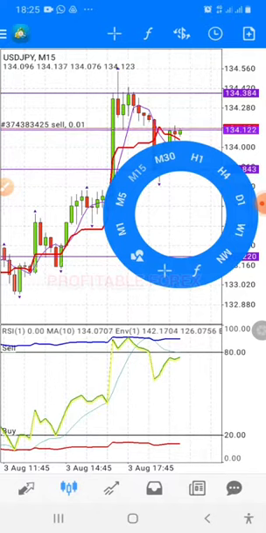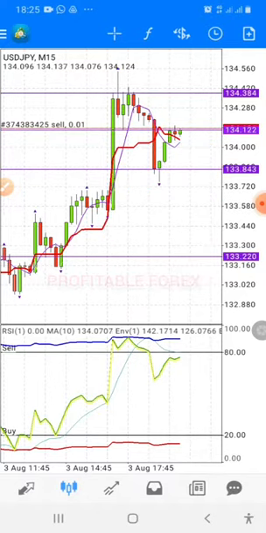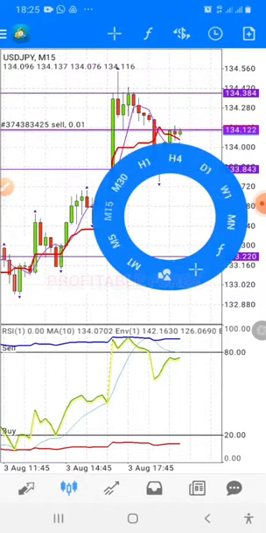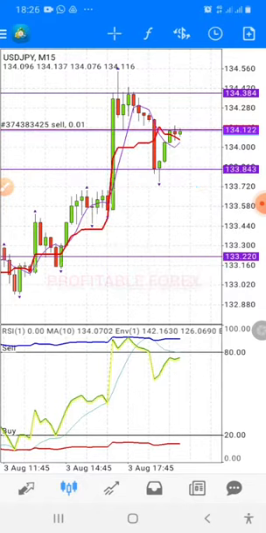We have two indicators on the main chart, and we also have three indicators on the indicator window. Firstly, before going for your indicators, you have to mark out your resistance zone.